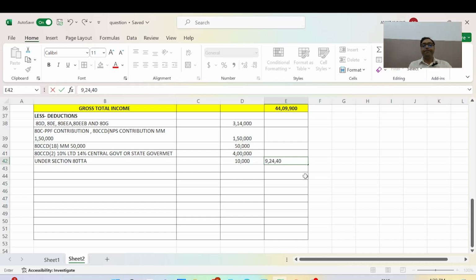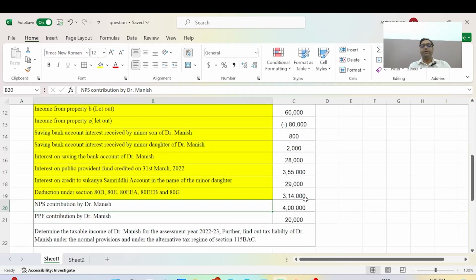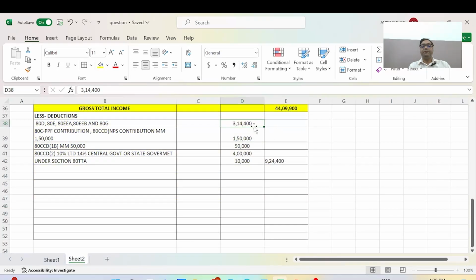It is 24,000. There was a typing mistake; it is only 3 lakh 14,000, and the total is 9 lakh 24,000.